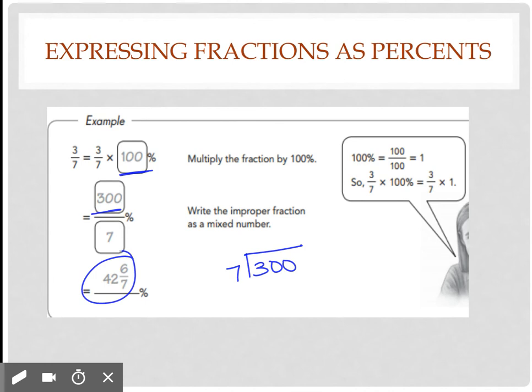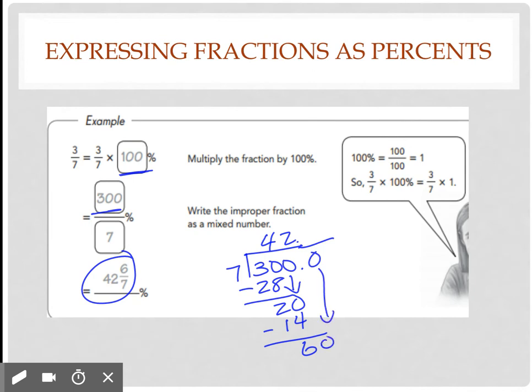6/7%. I'm going to do it as a decimal just because I want you guys to get in the practice of that. So 7 goes into 30 4 times. I subtract, I bring down my 0. 7 goes into 22 times. I get 14. That's 6. So now I add my decimals and add a 0. Bring it down. 7 goes into 68 times. 7 times 8 is 56.